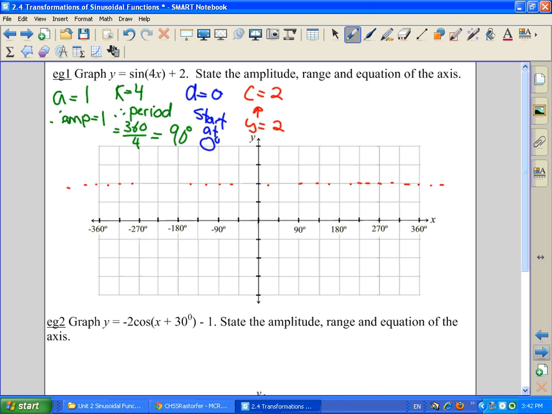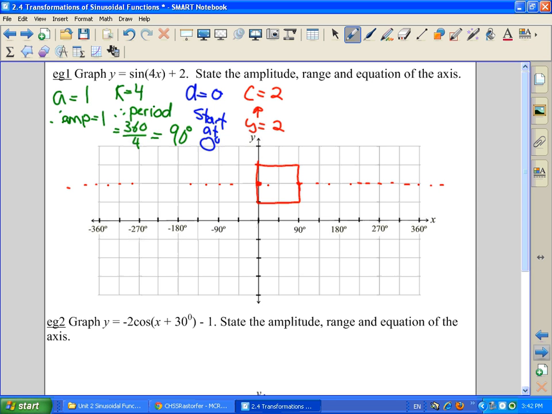Where are we going to start? We're starting at 0 degrees and at 2. So we're going to start here. And how long does it take us to complete one cycle? 90. So within this, we've got to go up and down. If I draw my box here, folks, sorry, let me draw it a little bit bigger.